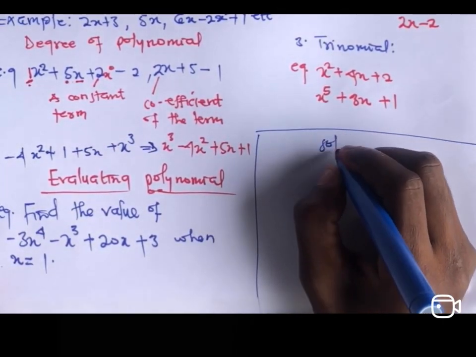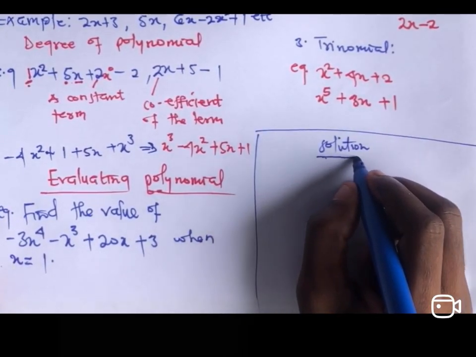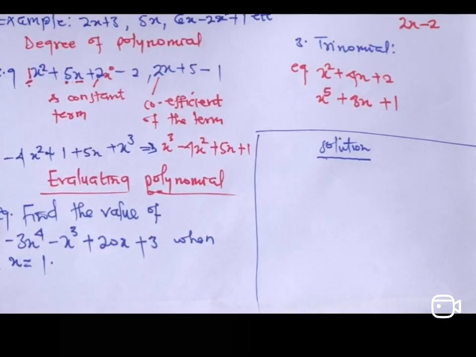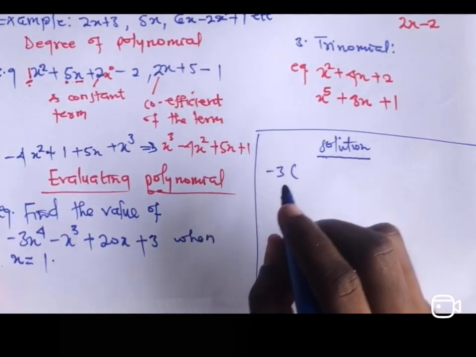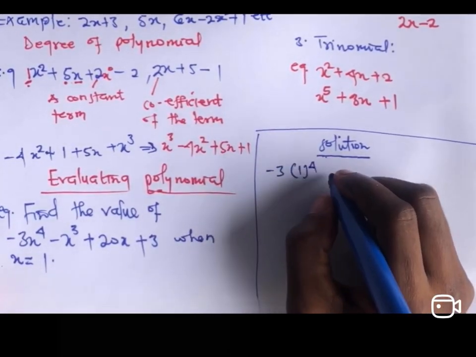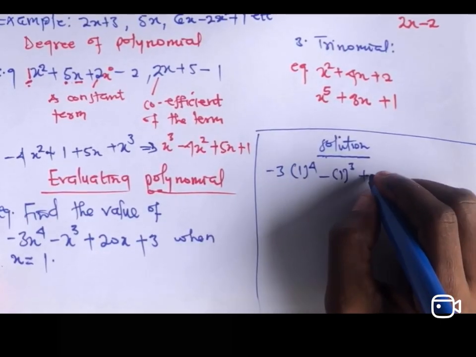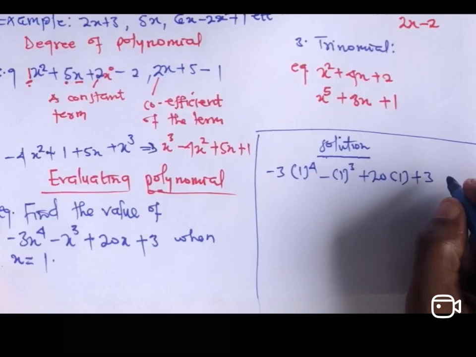Solution. What you do here is very simple. You just substitute the value of 1 wherever you see x. So I have negative 3. Now my x is 1 here. So 1 to the power 4 minus 1 to the power 3 plus 20 times 1 plus 3.